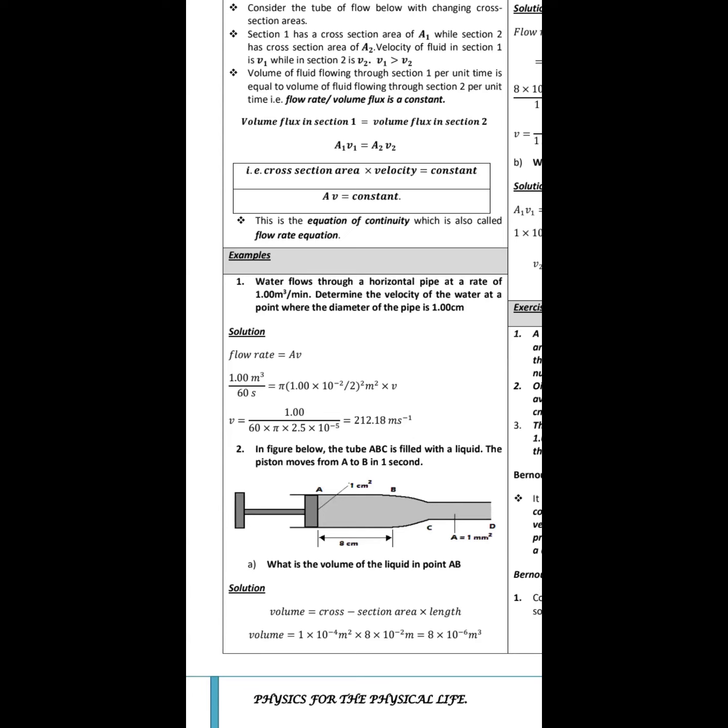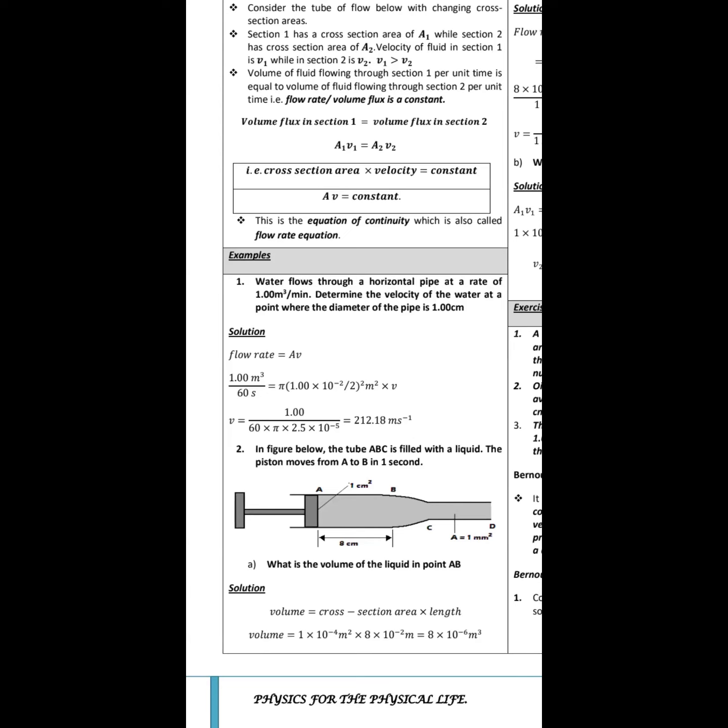When we convert 1 centimeter squared into meter squared, 1 meter squared is equal to 10,000 centimeter squared. Therefore, in standard form it is 1 multiplied by 10 raised to power -4 meter squared, multiplied by V.